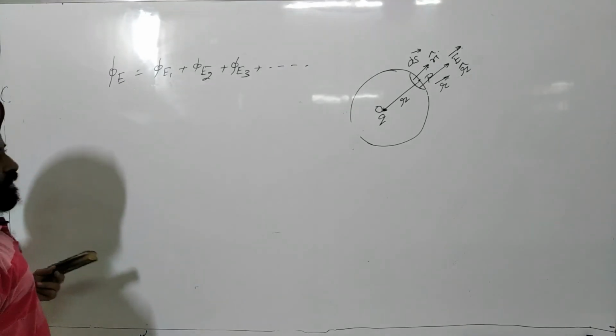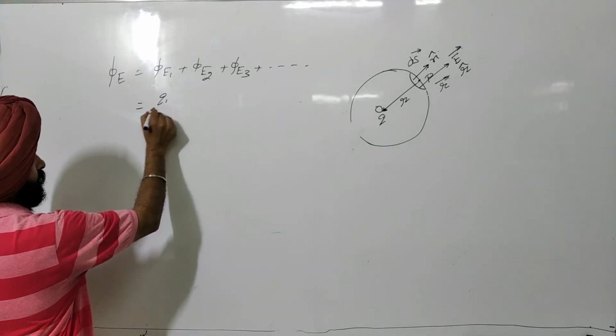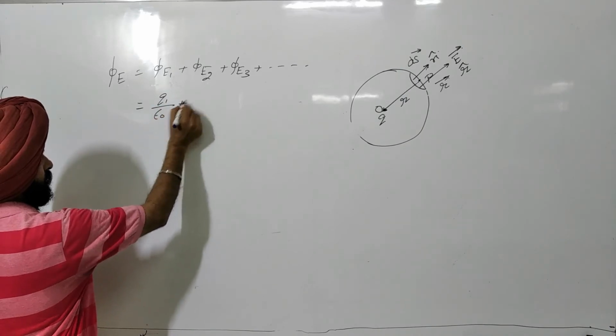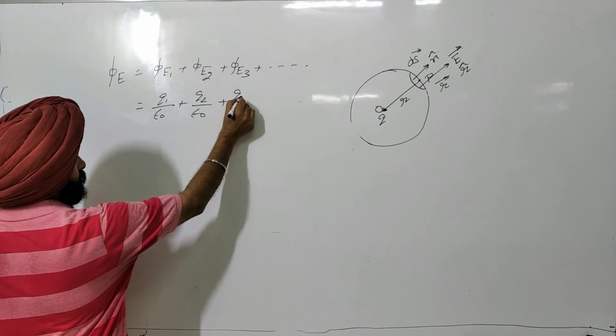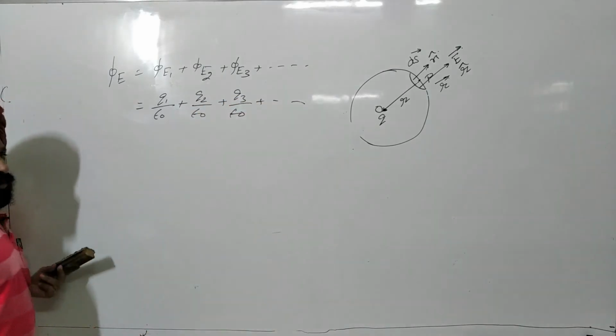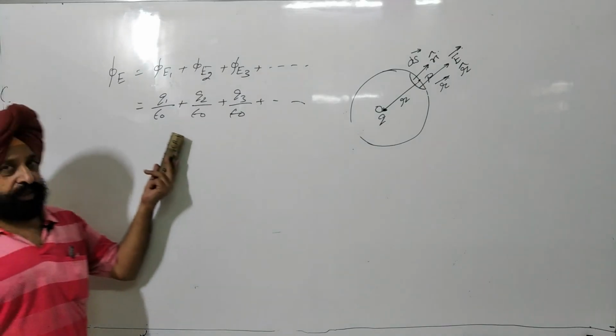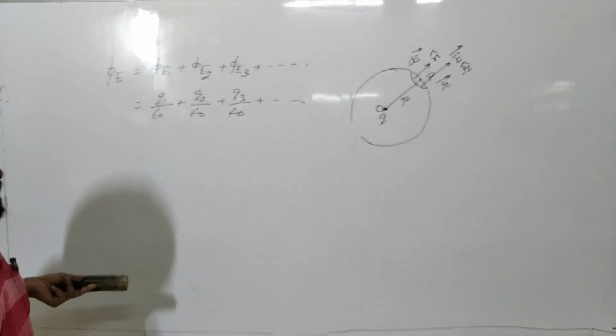That equals q1 upon epsilon 0 plus q2 upon epsilon 0 plus q3 upon epsilon 0. This is an algebraic sum, so we take the positive and the negative charges.